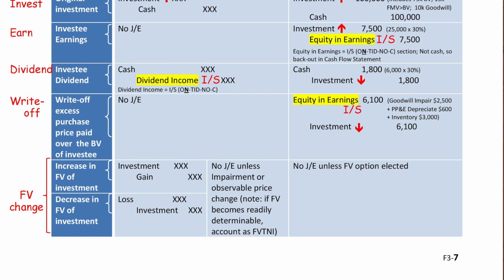If there's an increase in fair value, investment goes up, and there is a gain on the income statement. If there's a decrease in fair value, the investment account, draw a down arrow, goes down, and there is a loss which goes into the income statement.